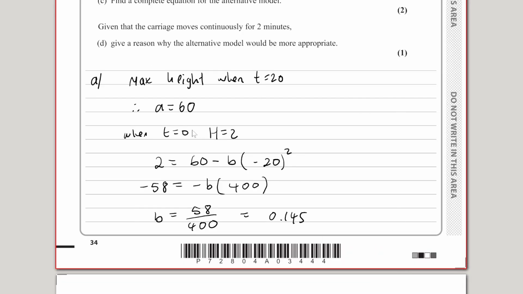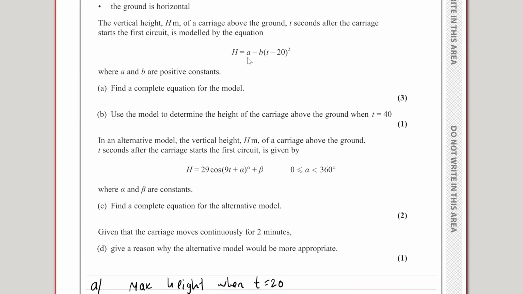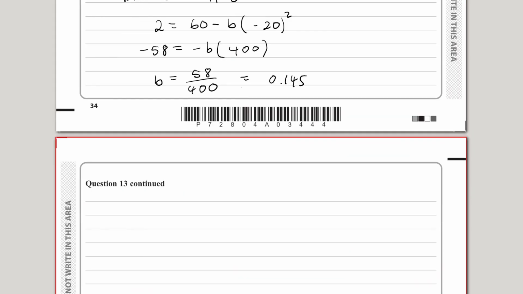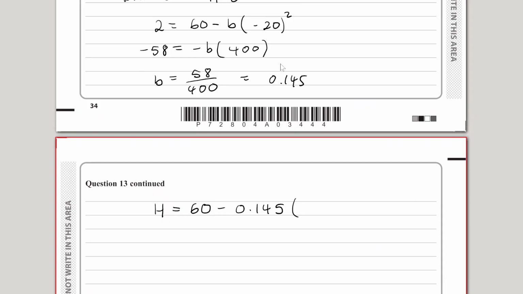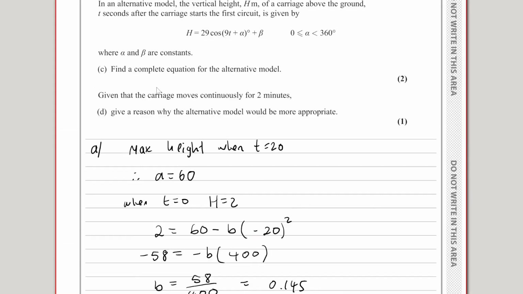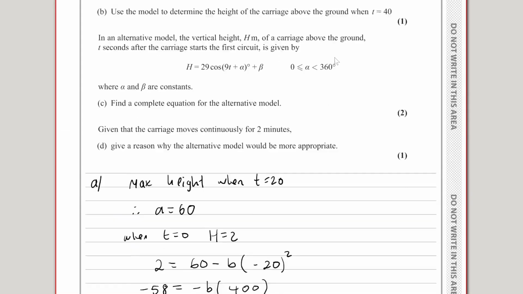So our complete model is h equals 60 minus 0.145 times t minus 20 squared. Use the model to determine the height when t equals 40.